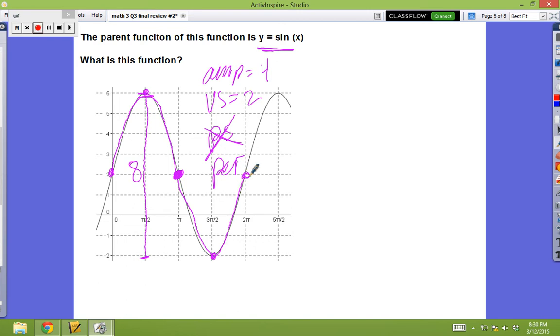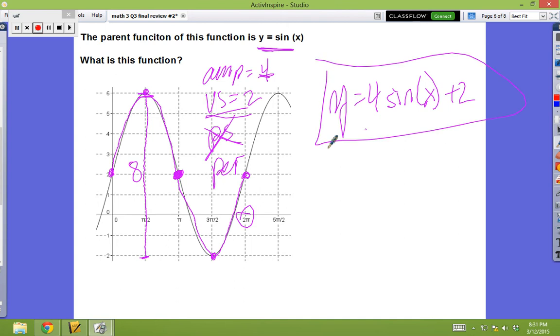That is one cycle right there, because then it starts to again. It needs to end its cycle at 2 pi, which this one does. So this one did not change the period at all, because it needs to cycle through at 360. So all I need to do is put an amplitude of 4. So y equals 4 times the sine of x, and then at the very end, let's do a vertical shift of +2. And that is the function that gives this graph.